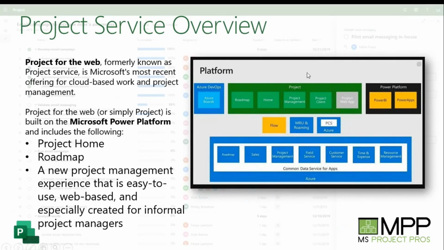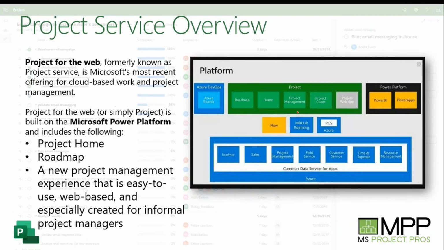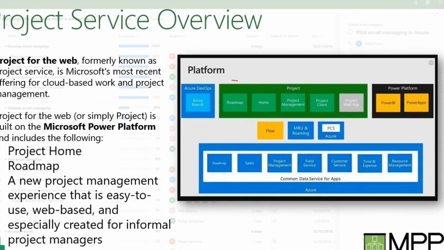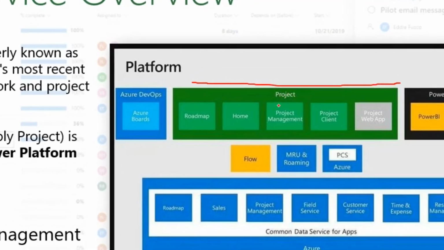And really what it encompasses, if we look at this little section here, and I'm just going to bring out my little pen, that's really this area right here, where it has project, roadmap, home, project management, project client, project web app.